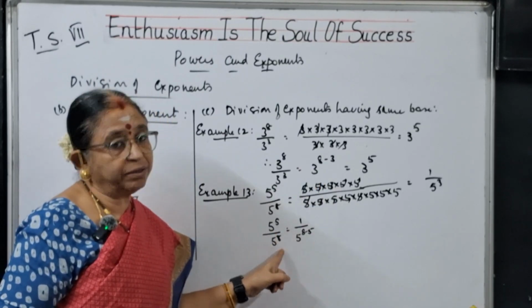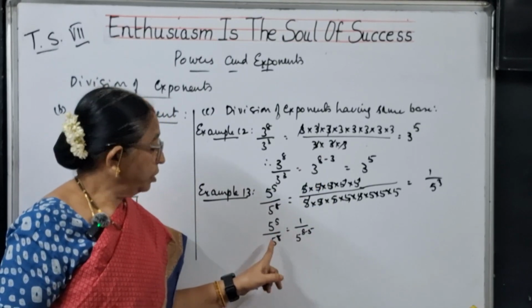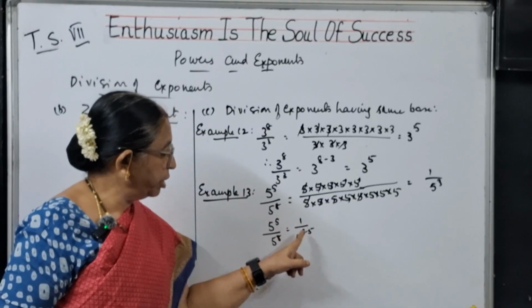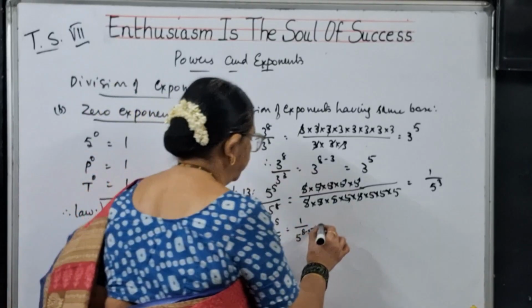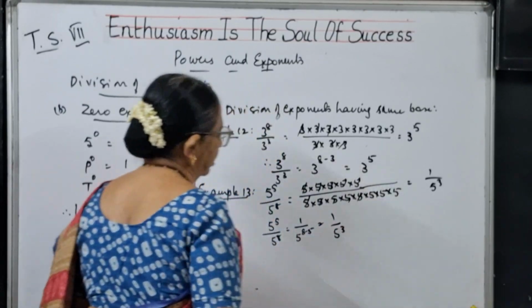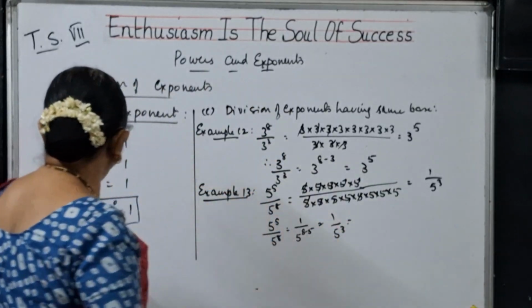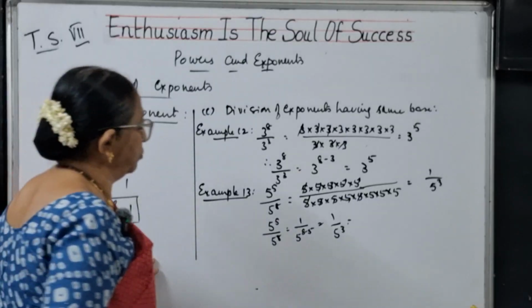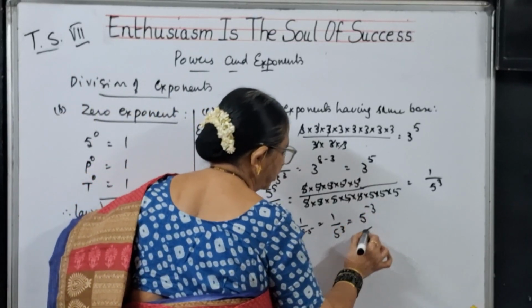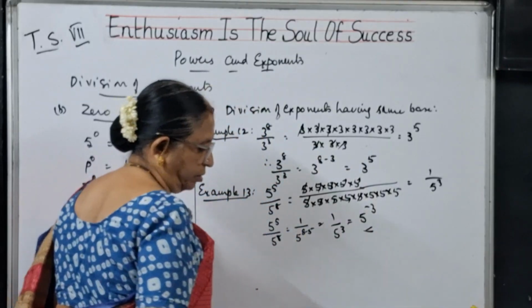Here the denominator has more, so you write the denominator with the reciprocal, 1 by. This is nothing but 1 by 5 cube. This can also be taken, based on the earlier property which we have studied, children, as 5 to the power of minus 3.